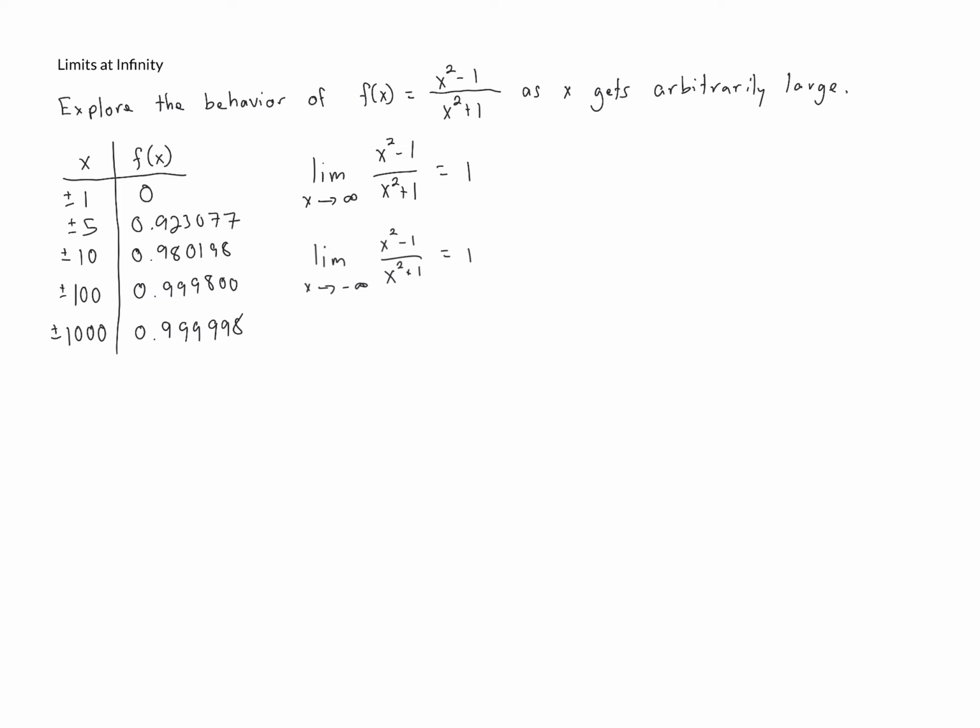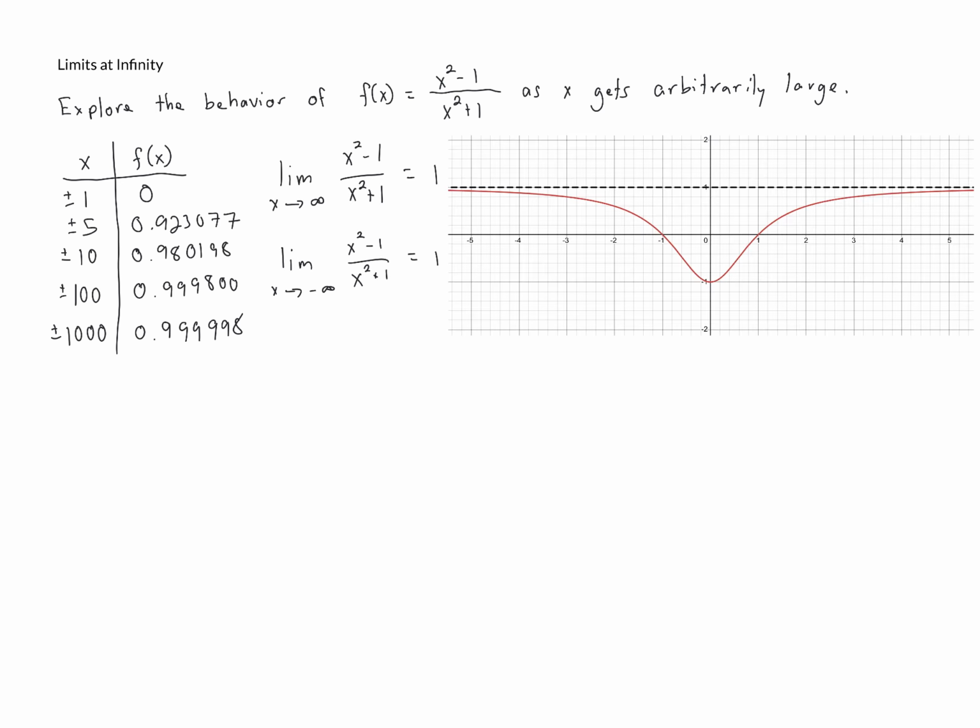Let's take a look at the graph of this function to see what's going on. Okay, I've moved these limits over a little bit to the left to make more room for this graph, because I also want to be able to do some things below. But here we can see the graph of our function. And I mentioned it was even, and we can see the graph shows us that's true. We've got mirror images on the left and right.